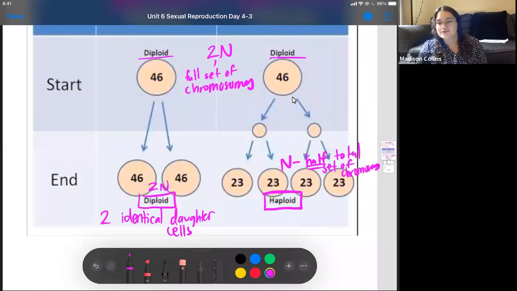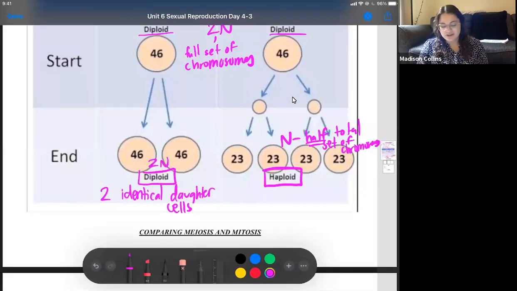That's half the total set of chromosomes. Okay, and you might also see that we actually have 4 cells now. So remember that with the ending result of meiosis, we're ending with 4 unidentical daughter cells. So we might describe them as genetically different or genetically diverse.